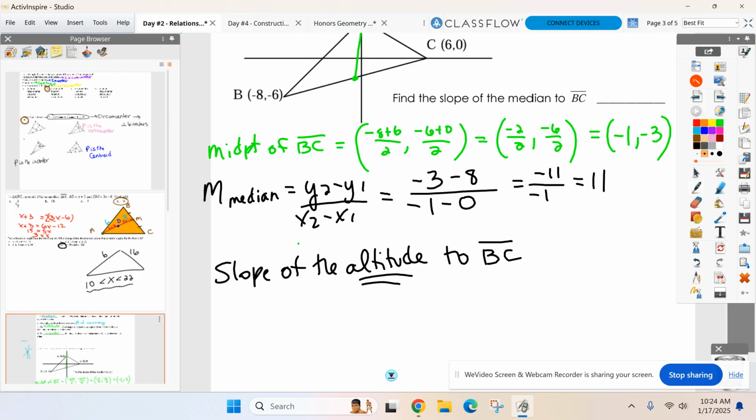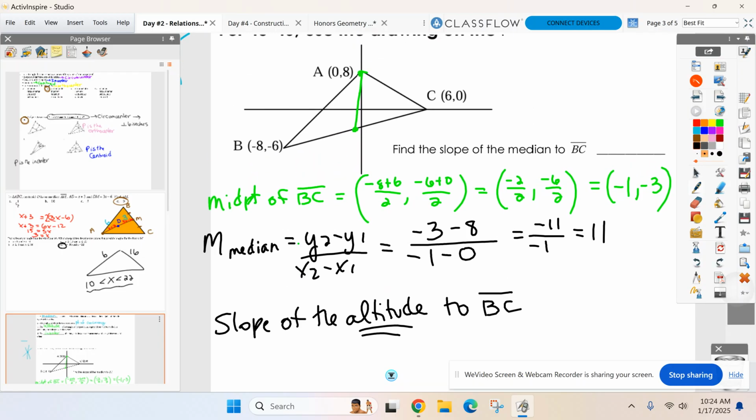Slope of the altitude to BC. So now it's not going to its midpoint, but what do I know about an altitude? It has to be perpendicular to the opposite side.